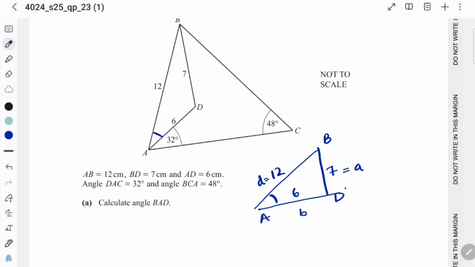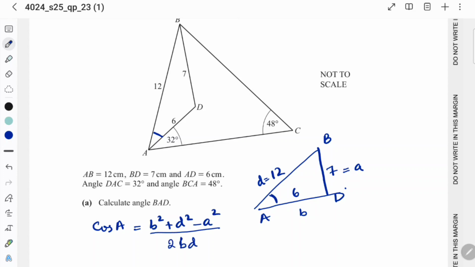Alright, so you know that if you have this type of question and the three sides are given, then you can use the cosine rule. a square is equals to b square plus c square minus 2bc cos of A. So I'm taking cos of A is equals to b square plus d square minus a square upon 2 times bd.